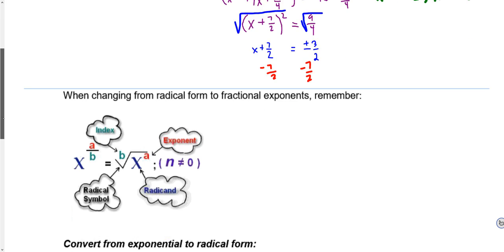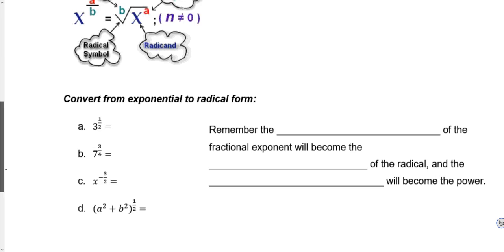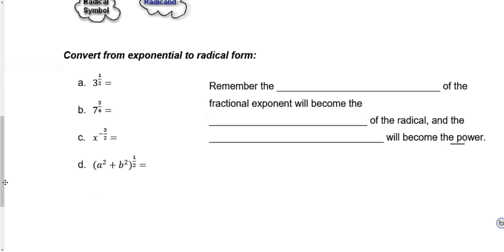So I'm just going to review with you how to convert back and forth. This is just review right here for now. So to go from exponential form to radical form, you have to remember that the denominator, if you don't like the word denominator, you just put the bottom.